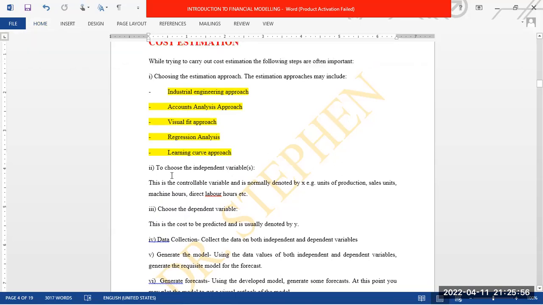So number 2, to choose the independent variable, this is the controllable variable and it is normally denoted by x. So in an equation where you have y is equal to a plus bx, remember x is always the independent variable and the dependent variable is always denoted by y.